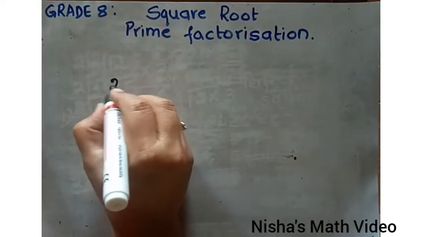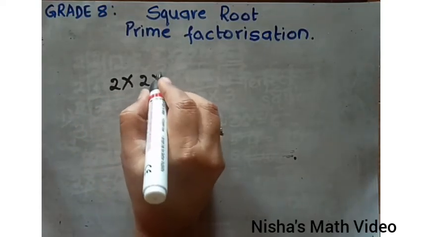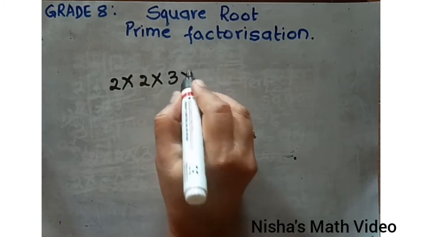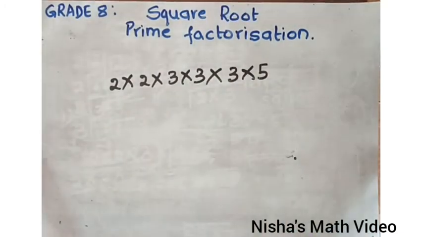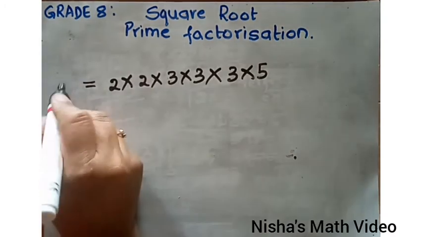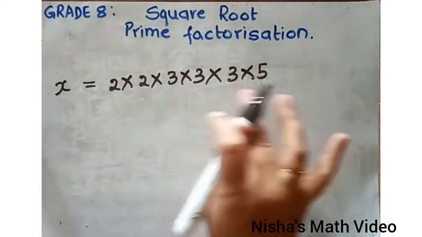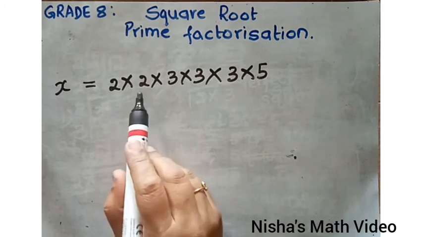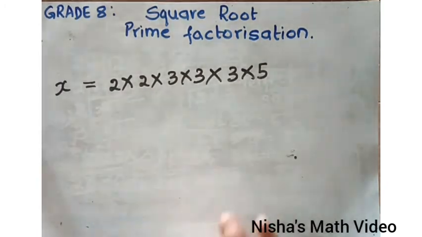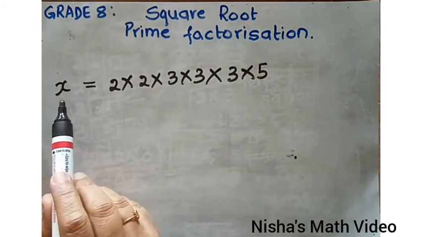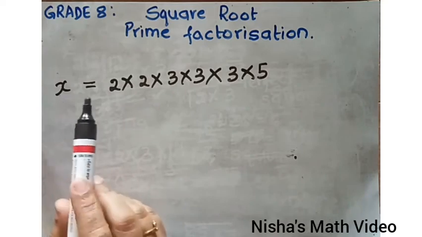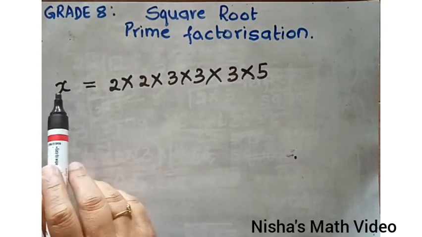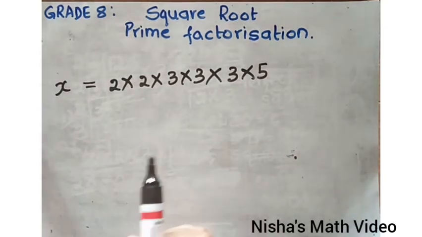Now, consider a situation where you have got these prime factors. Let's take that the given number is x and this is the prime factorization we have got: 2 into 2 into 3 into 3 into 3 into 5. We have to find both now, that is, which is the least number to be multiplied to x to make it a perfect square, and which is the least number by which x must be divided to make it a perfect square.